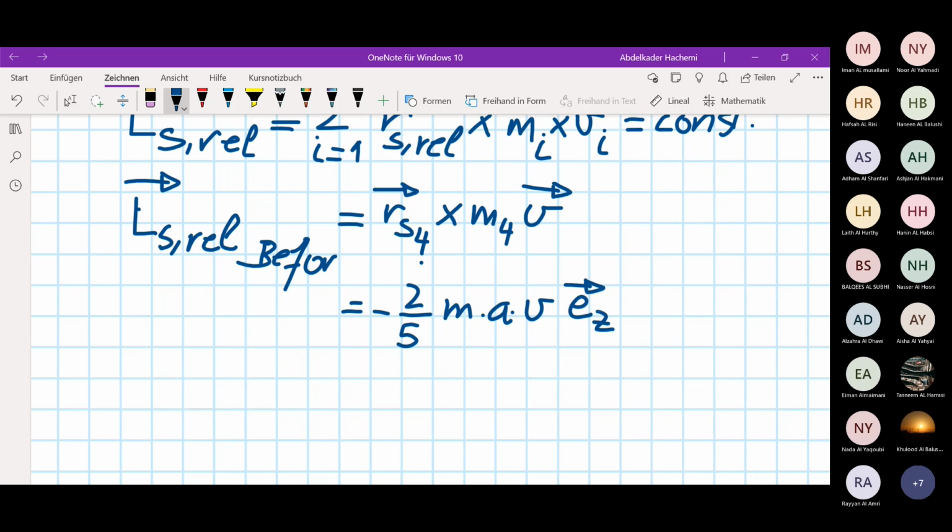Okay. Now the momentum has only one component, which is given in z direction. Other components are equal to 0.